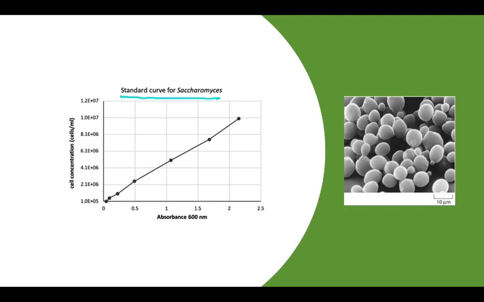Here's our standard curve of Saccharomyces cerevisiae. We read absorbance at 600 nanometers. Here are the absorbance readings up to about 2.5. Those were values that I came up with. And then here are my cell concentrations that we determined and plotted from the previous table.